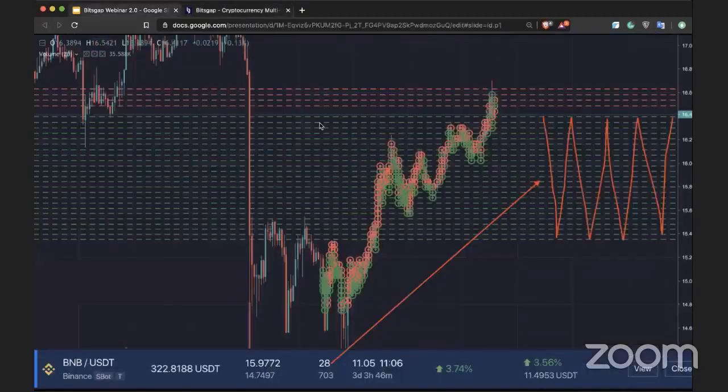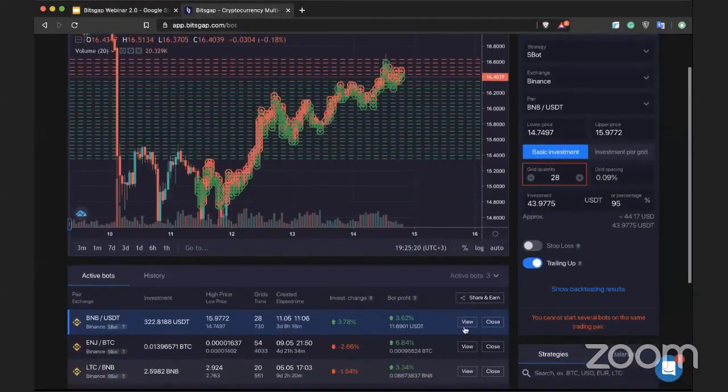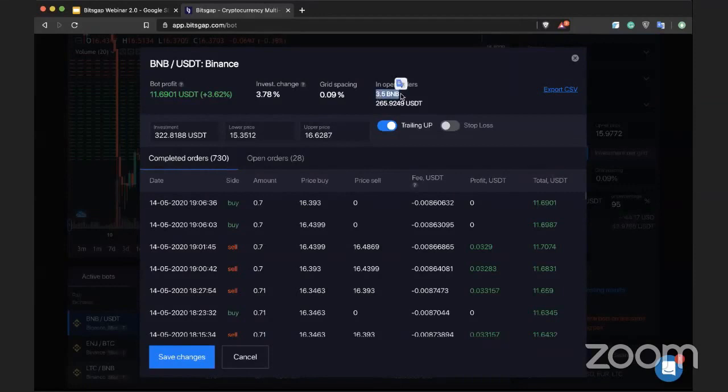So in this case, my mistake was that I used not enough of the grid levels to capture all of the market swings that occurred on this upside momentum. So I got stuck with my buy limit orders below the price. So that means that if I click on the view button, I have currently only 3.5 BNBs in orders and 265 USDT in buy limit orders.